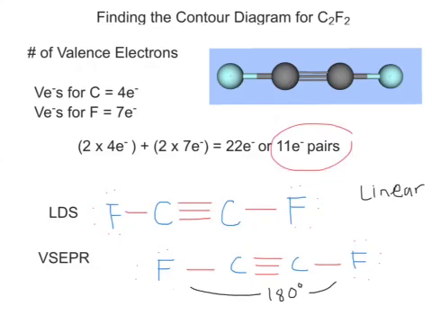We must always make sure that each of the atoms has an octet, so we have 8 pairs for F, 8 pairs for both C's, and 8 pairs for the other F on the other side.